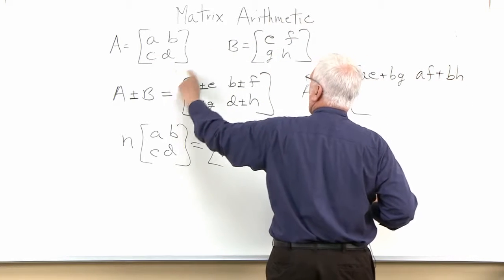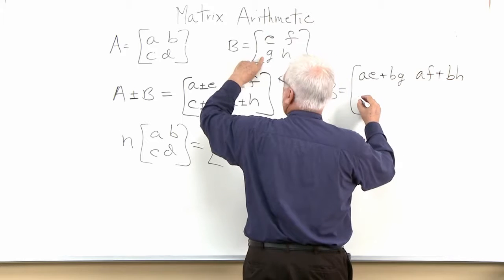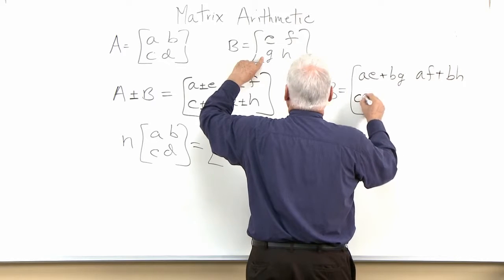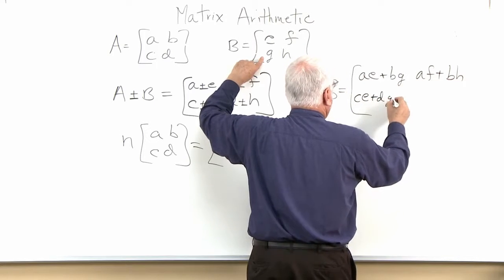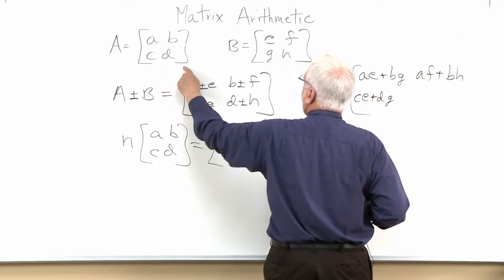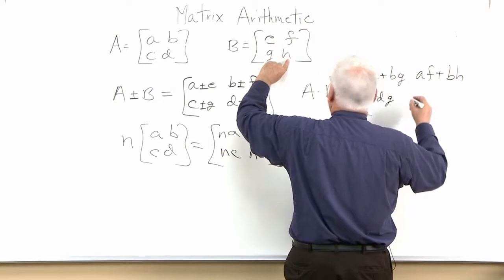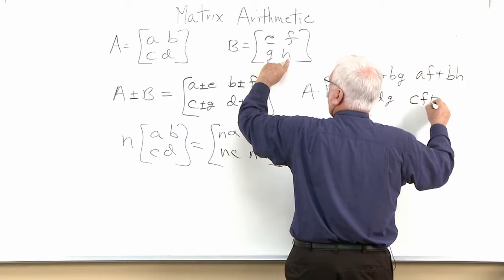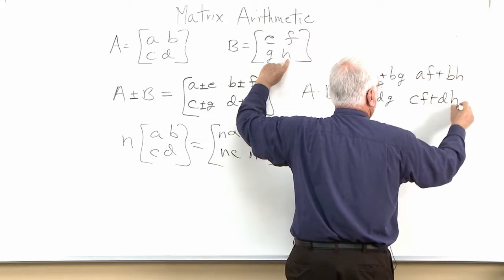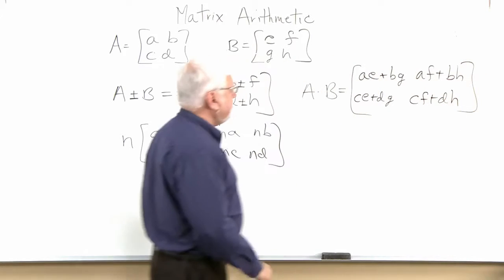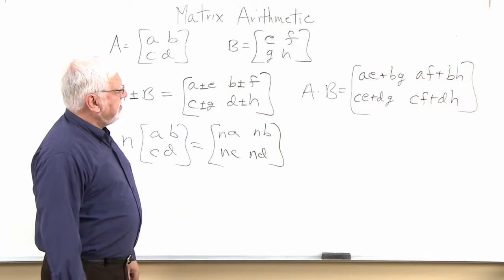Okay, now this row times this column would be down here, so that would be CE plus DG. And then this row times this column would be CF plus DH. So that's how we multiply.